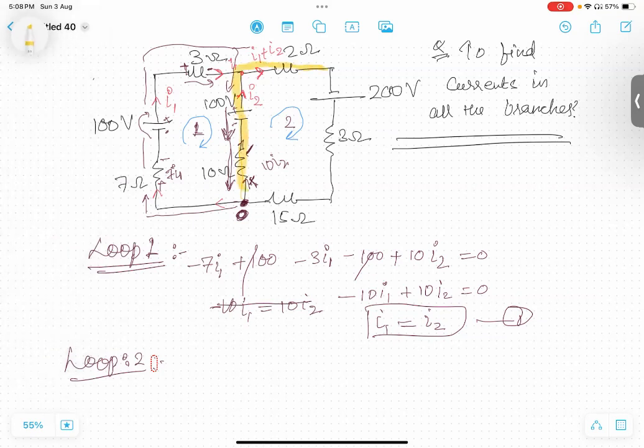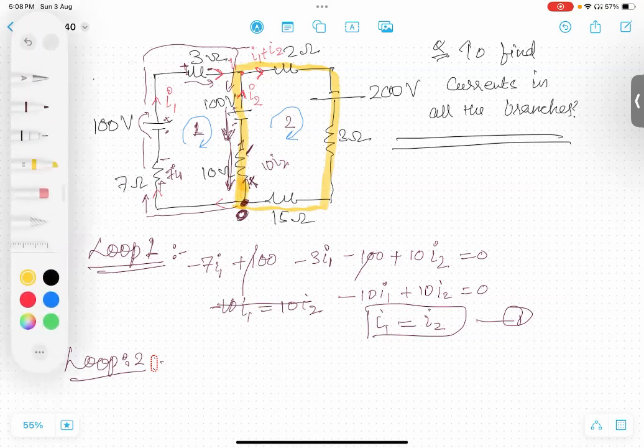We will go like this, right? So we will start from this point. Let's see how we will write all the drops and gains.